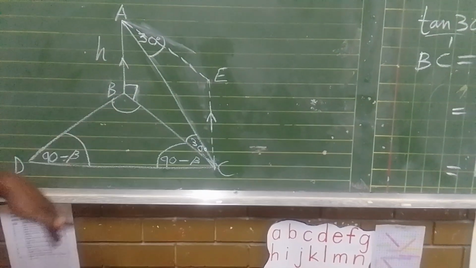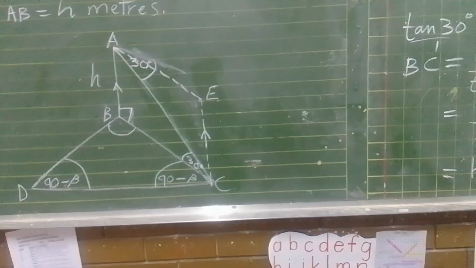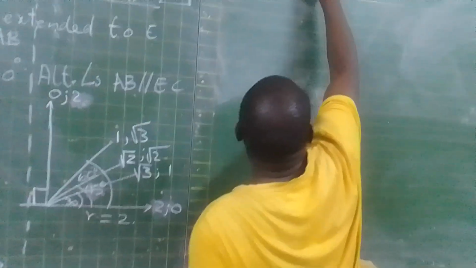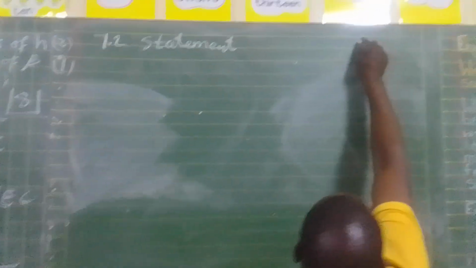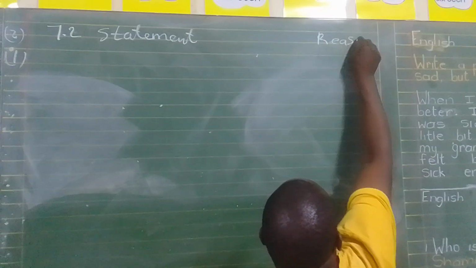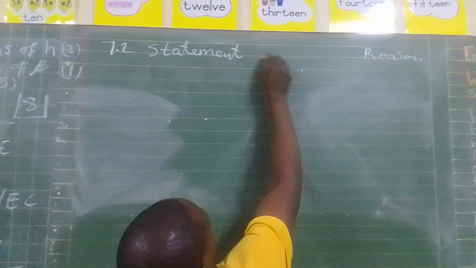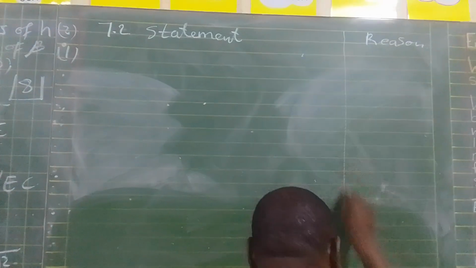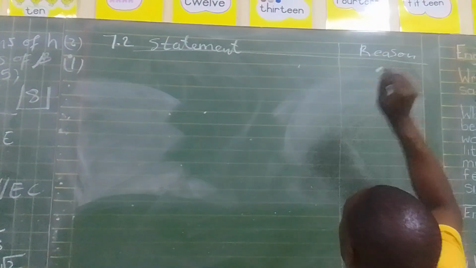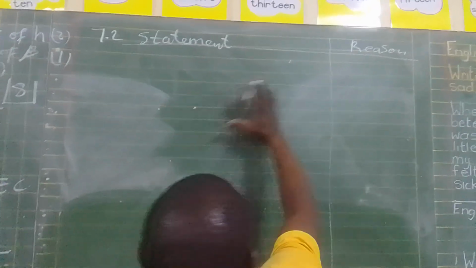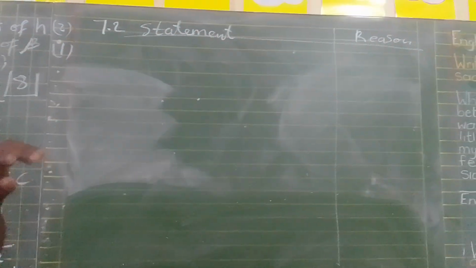Now you come to say, we write statement and reason. More space for the statement, less space for the reason.